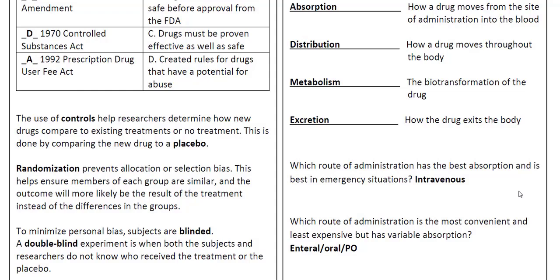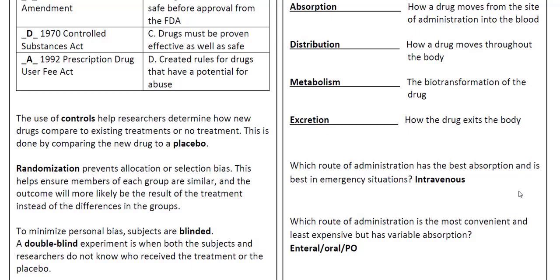When a drug is given intravenously, or by IV, the absorption is almost instantaneous, because if you remember from above, absorption refers to how the drug moves from the site of administration into the blood, and IV administration injects the medication directly into the vein, or into the blood. Because the absorption is 100%, IV administration is best for use in emergency situations when drugs have to work quickly.